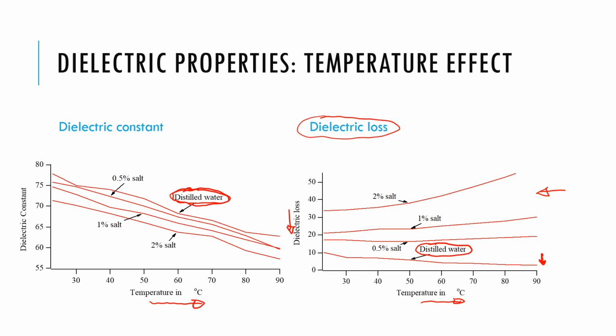The ionic mobility increases with temperature, so the total dielectric loss increases with temperature. With higher salt content, dielectric constant goes down, because after all, salt is replacing water, and therefore the more microwave active component is being reduced.